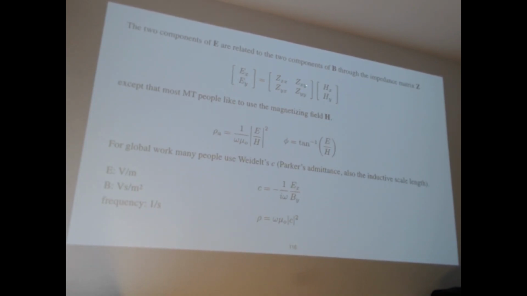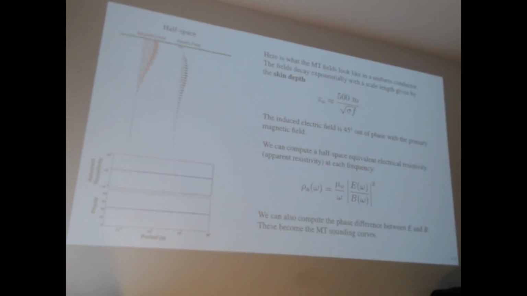This impedance matrix is 2x2 because if you've got complicated Earth structure, you can in fact contribute to the x electric field with both Hx and Hy, but we'll see how that works in different dimensions.